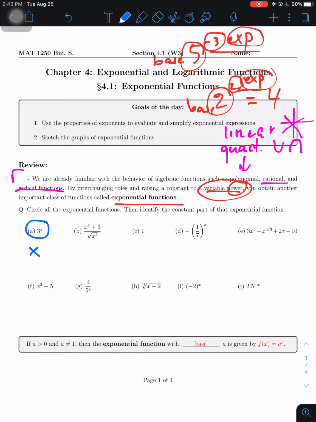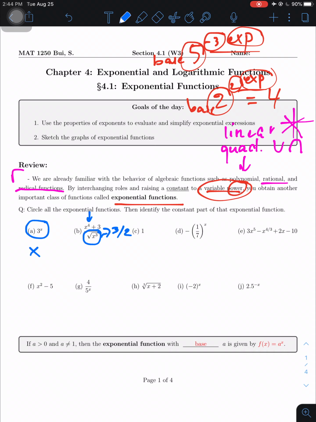All right, let's talk about B. We have x to the 4th power, and if you look at this power right here, the power of it is 4, right? Which is not a variable. So this part of the equation is not an exponential function. And if you look at this variable here also, the power of it is 3 over 2. Why?